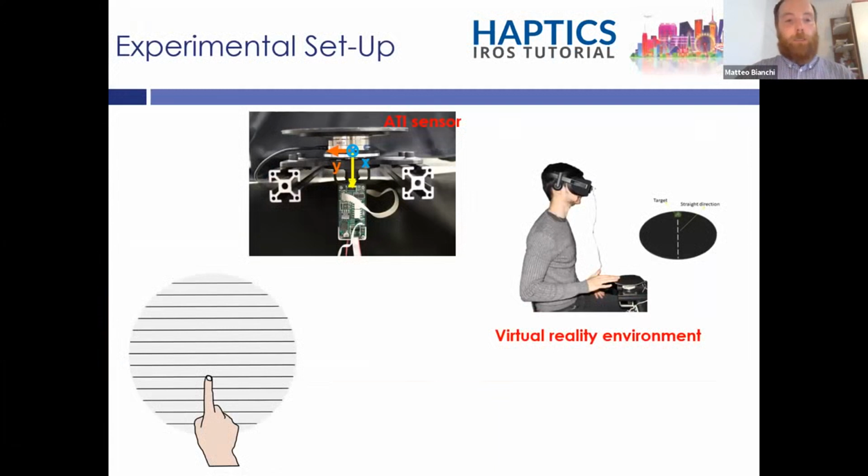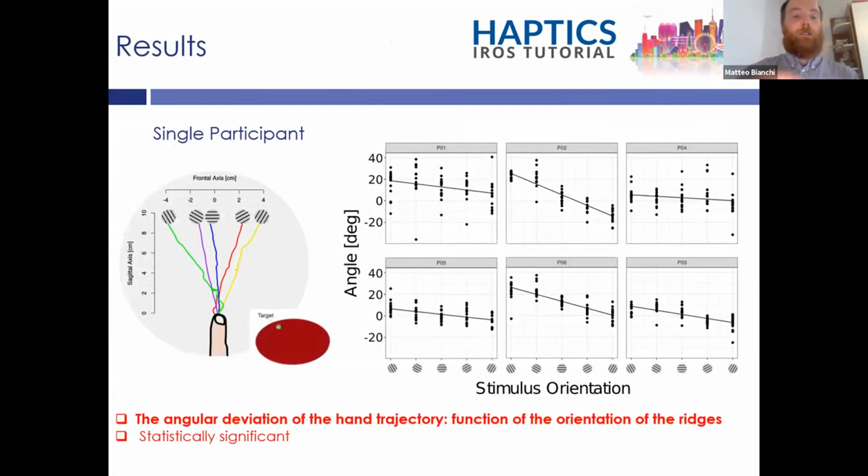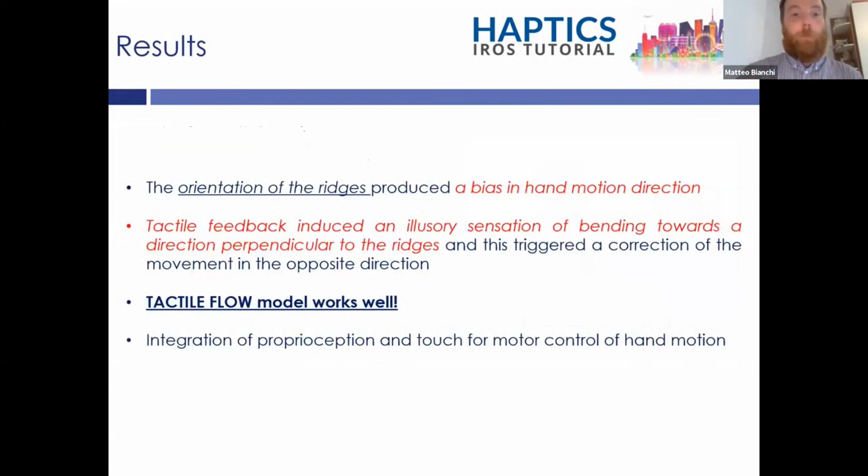We performed many experiments by varying the orientation of the ridges and also the location of the target. And what we found is that there was an angular deviation of the hand trajectory, which is a function of the ridges. And this deviation is statistically significant.